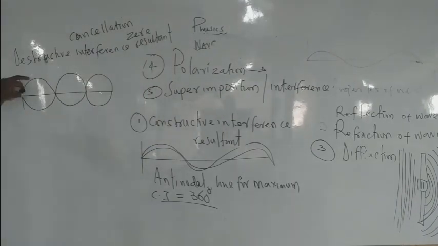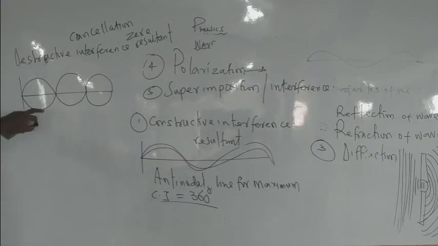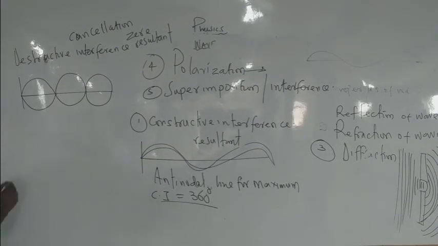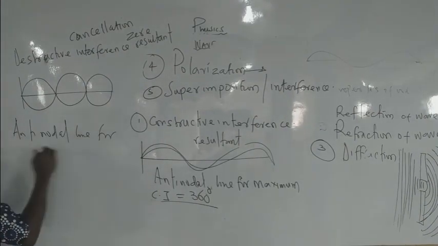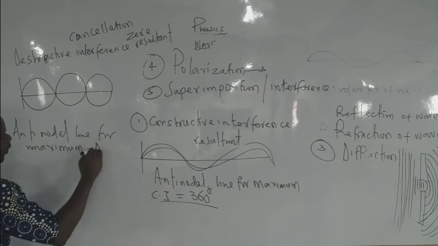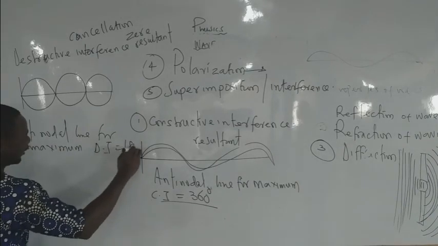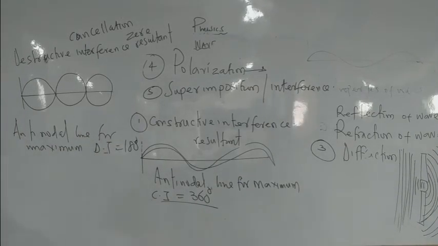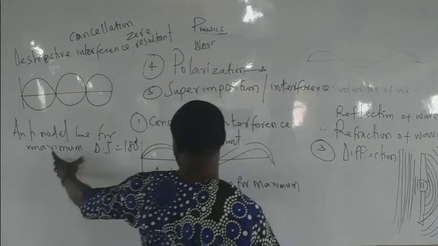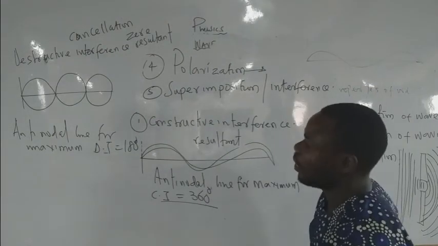So when the trough is seen on crest, it is destructive interference. And the antinodal line for maximum destructive interference is 180 degrees.